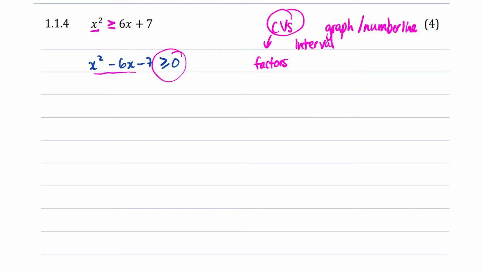This greater than or equal to 0 is how we write in grade 11 that I want that expression with x to be positive. I want to know what values of x will make this trinomial positive. When we're using our graph or the number line, we're looking for positive outputs.